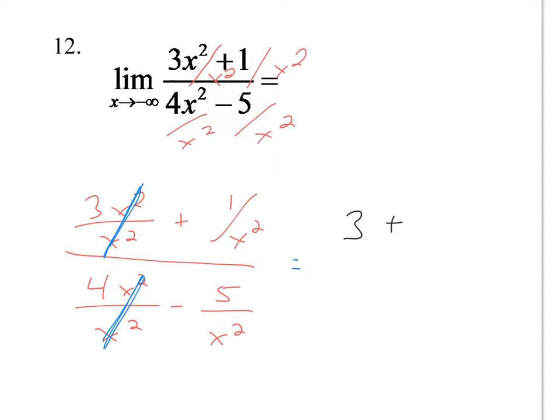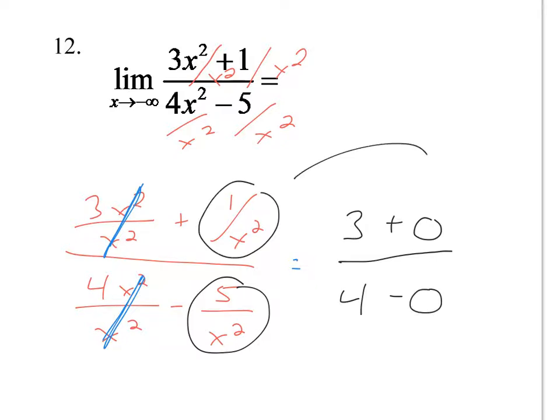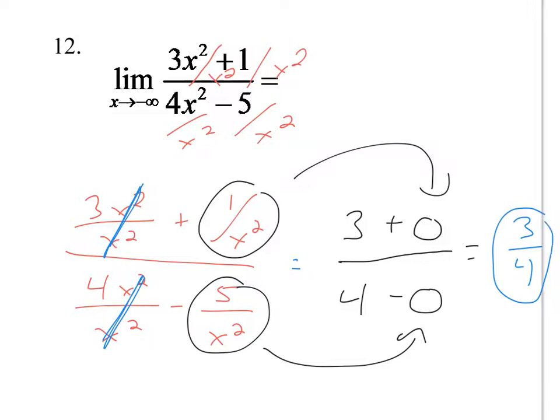Well, as x gets larger and larger, that of course becomes 0. Over 4 minus 5 over x squared. But again, as x squared becomes larger and larger, this limit is 0. Just like this limit is 0. When I'm all said and done, I have 3 plus 0 over 4 minus 0, which is 3/4. And voila, there is my limit.